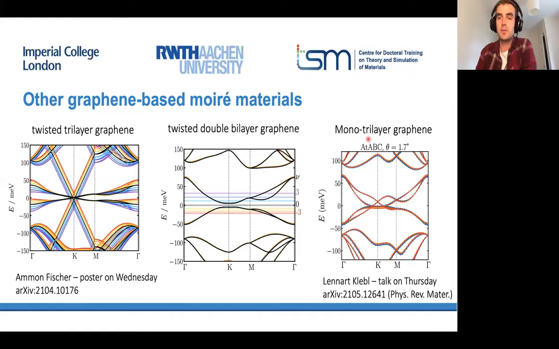This is quite similar to the mono-bilayer system, where we're using an ABC stack of trilayer. Again, because of the aligned layers, it appears that the Hartree interactions are not really strong in this system. And I'd like to point everyone to a talk by Leonard later in the week on Thursday. He's going to discuss the magnetic phases in the system.